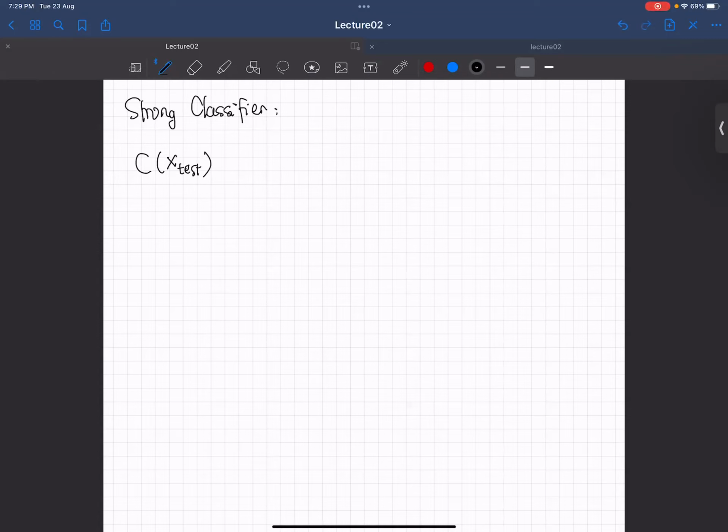X is a vector with length of 160K. X is a descriptor of a 24 by 24 image. And the strong classifier will classify whether this X test is either 0 or 1. It is face or not face. 0 is not face. 1 is face.